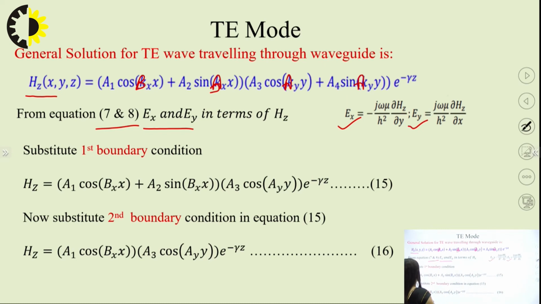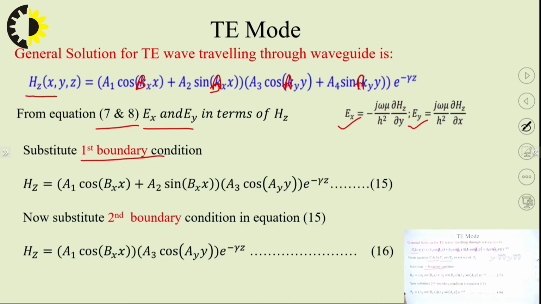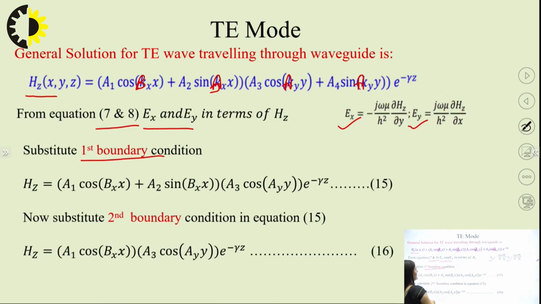Okay, so substitute the first boundary condition. If I substitute the first boundary condition, your main equation reduces to A1 cos kx x plus A2 sin kx x, A3 cos ky y e^(−γz), because the first boundary condition states that Ex is 0 at y equal to 0.